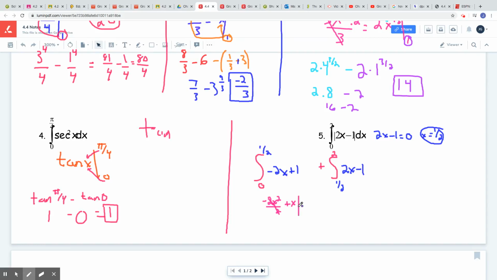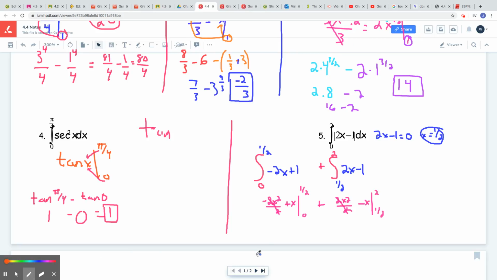Then we'll plug in our 1/2 and our 0, and we'll do that in a second. Then I integrate this one, and I get 2x squared over 2, the 2's cancel, minus x, and we're going to plug in 2 and 1/2.